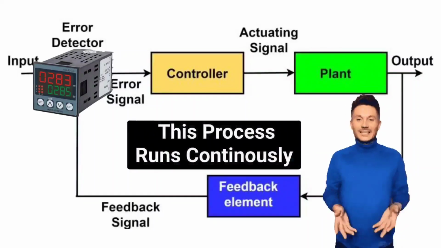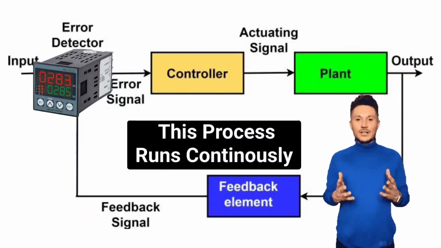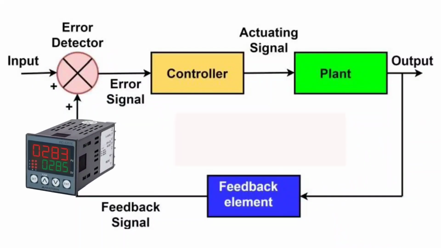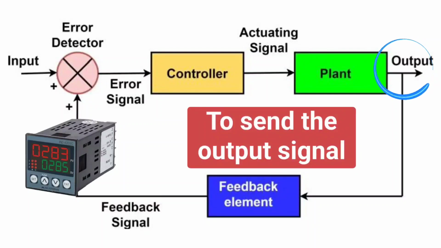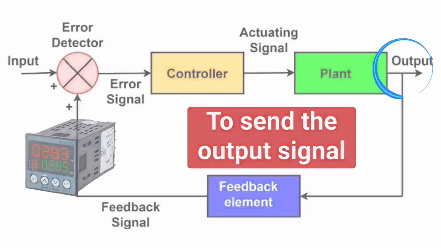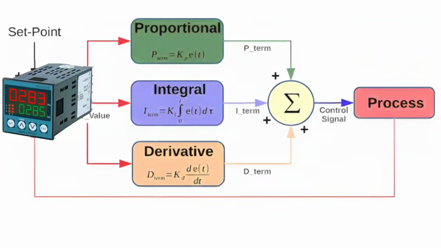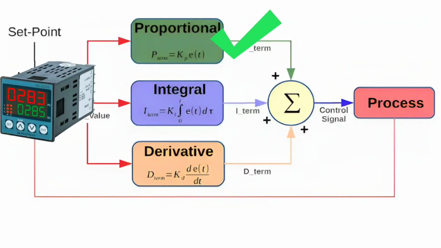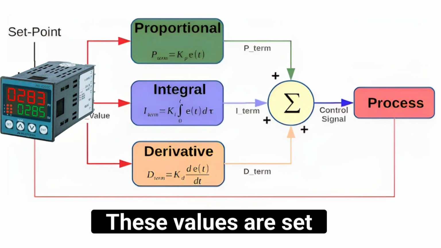And this process runs continuously. The PID controller is also tuned to send this output signal. For this, P means proportional, I means integral, and D means derivative actions are used. These values are set.